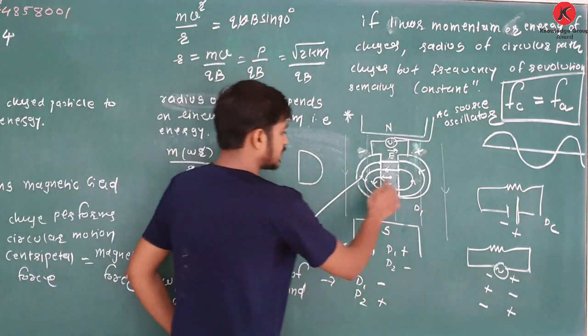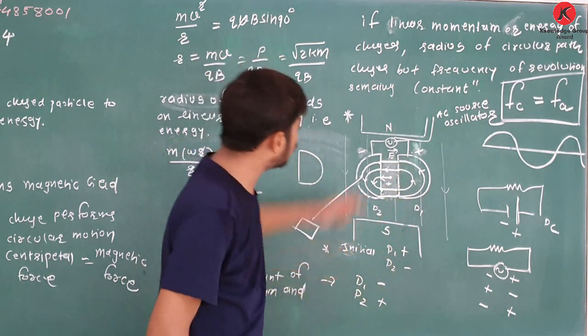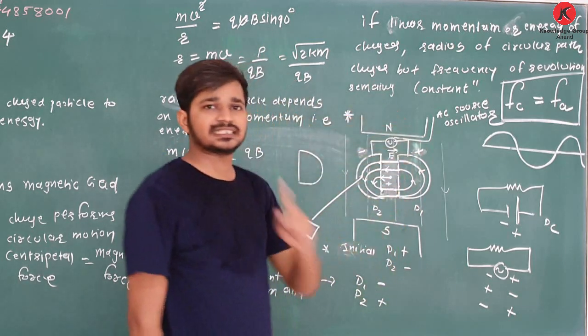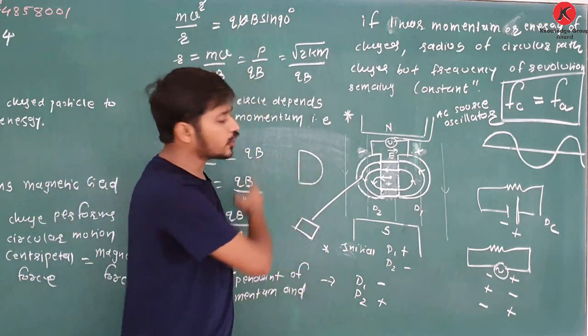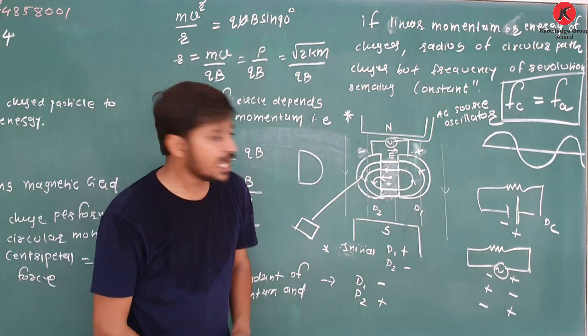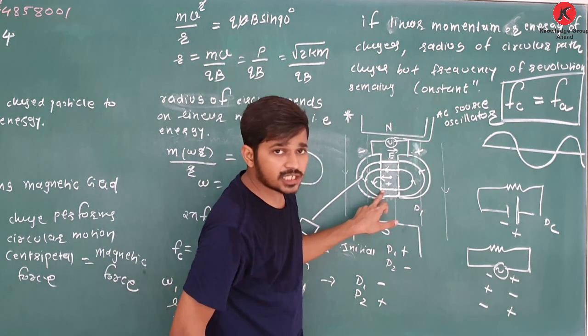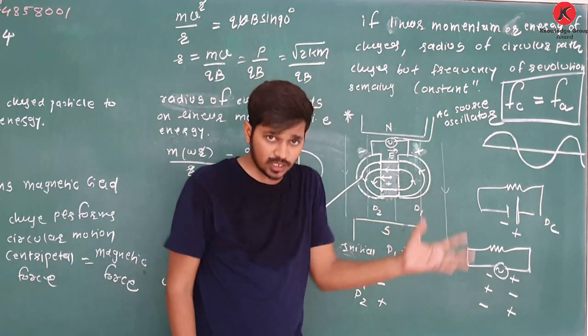If the frequency of revolution of this charge is equal to the frequency of this AC oscillator, then and only then will this cyclotron work. Otherwise, if this charge is about to exit and the plate does not become negative, will it move towards it?